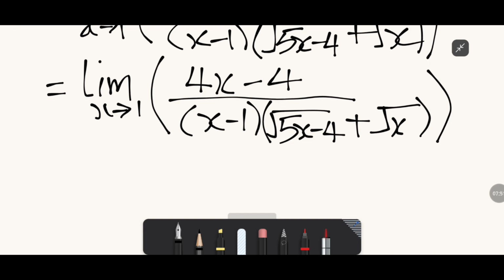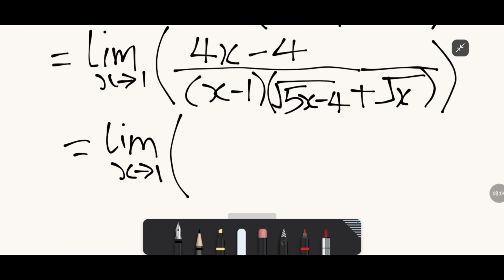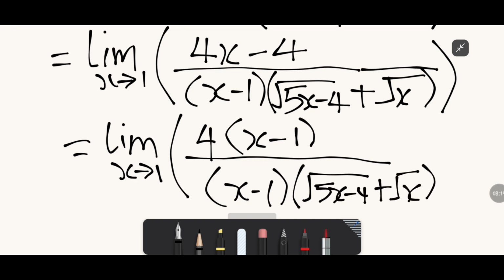Now if you look at the numerator, you observe that we can factor out 4 from there. So now let's factor out 4. We'll be having 4 into x minus 1 all over x minus 1 into square root of 5x minus 4 plus square root of x.